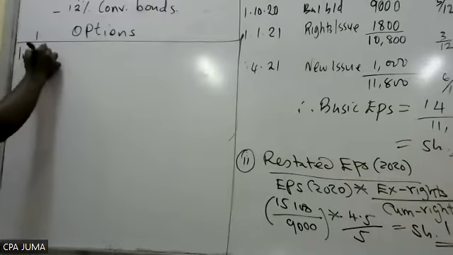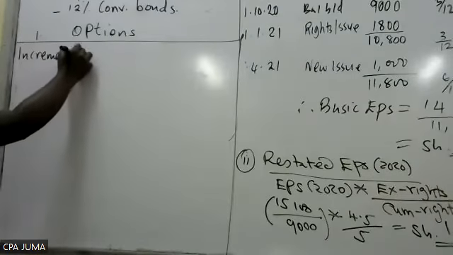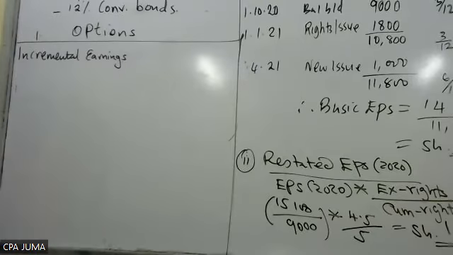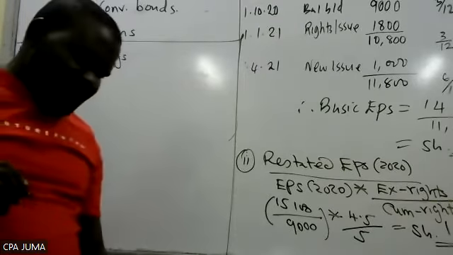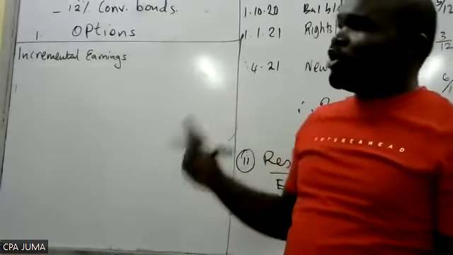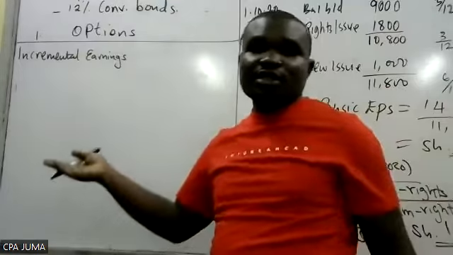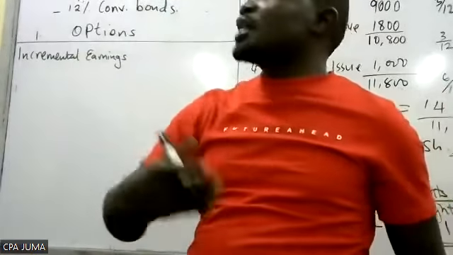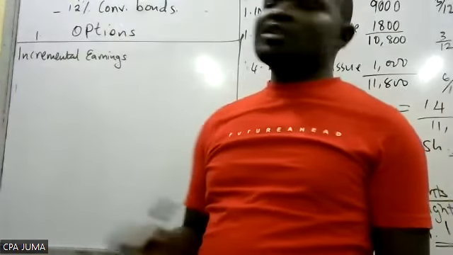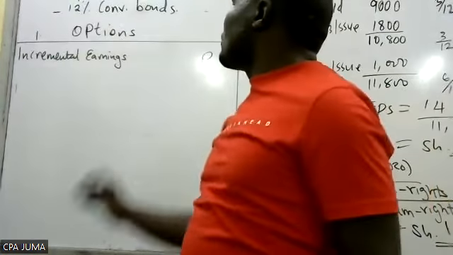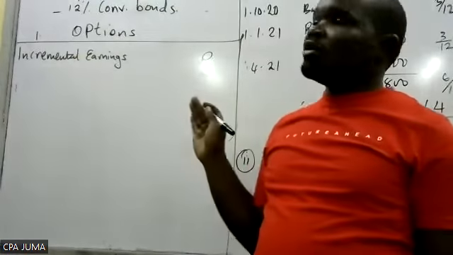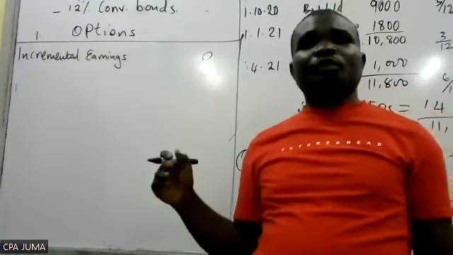So for options, you say incremental earnings. Incremental earnings means how much will the company get when employees, because options is to employees, take up shares. They will always get 0, in any other question. Why?